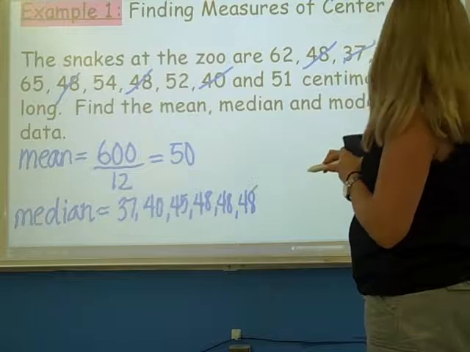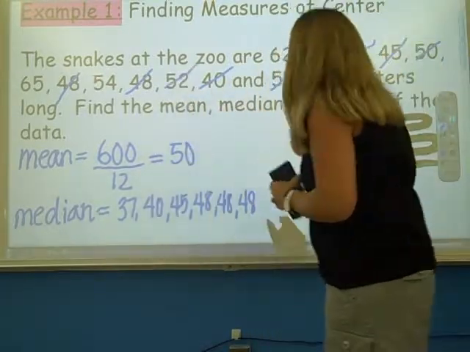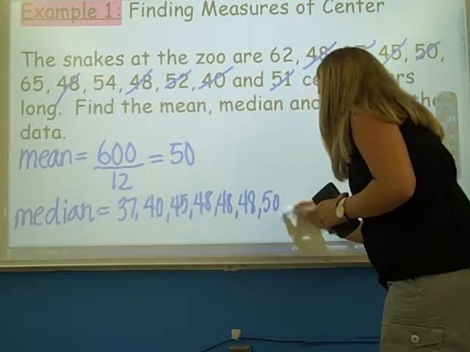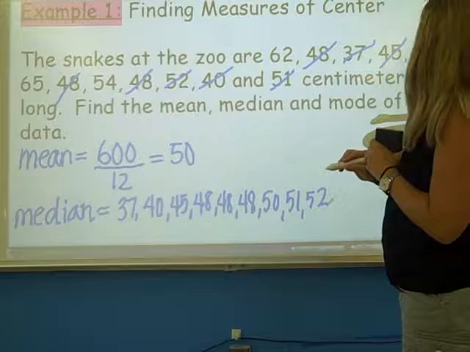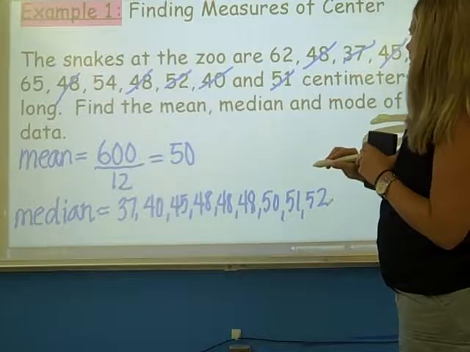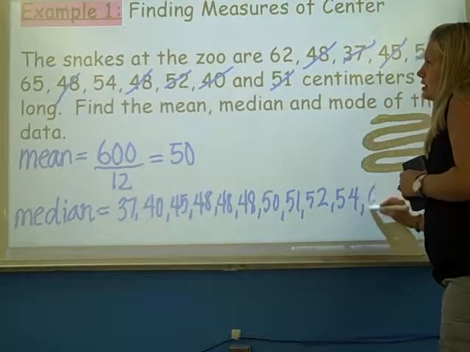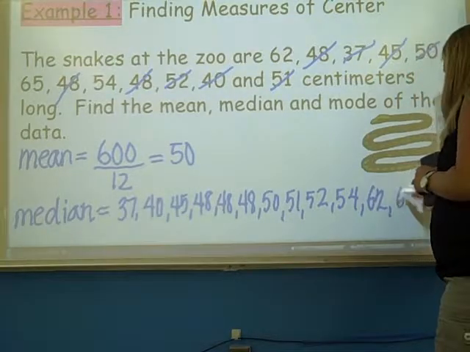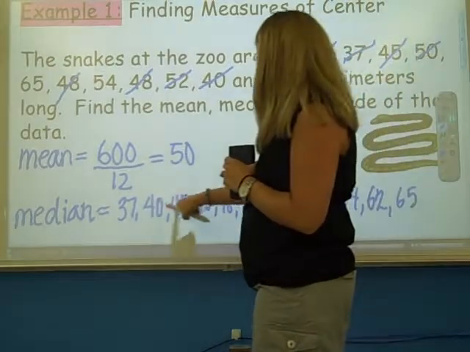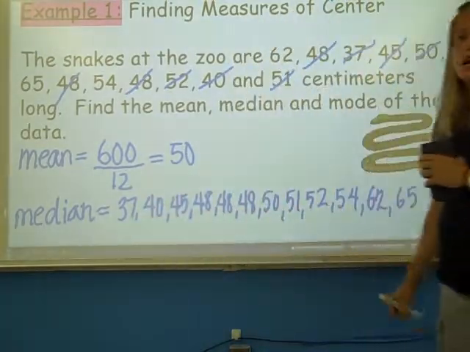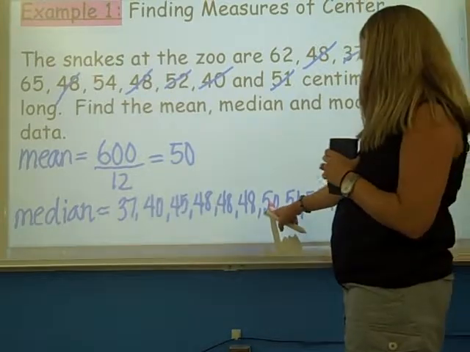Okay, 50s. 50, 51, 52, 54, 62, and 65. Let me make sure I have 12. 1, 2, 3, 4, 5, 6, 7, 8, 9, 10, 11, 12. I do. Half of 12 is 6, so 1, 2, 3, 4, 5, 6.